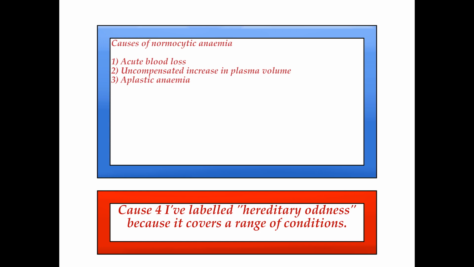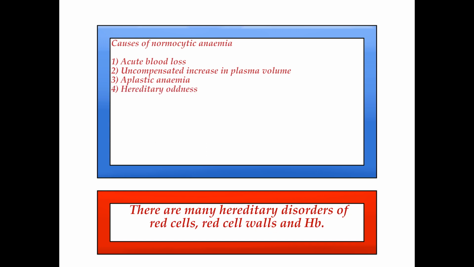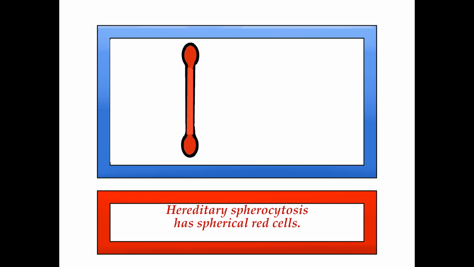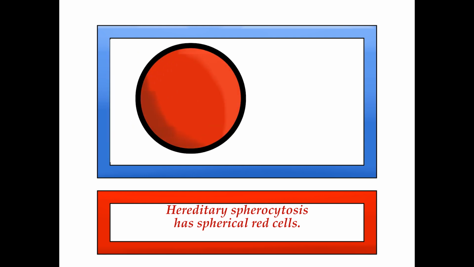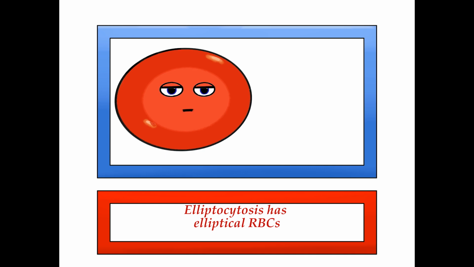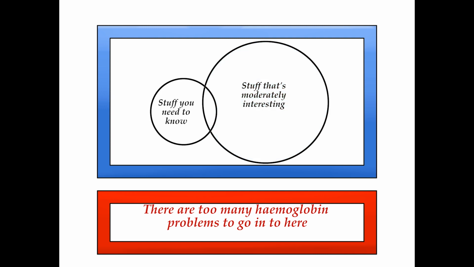Cause 4, I've labelled hereditary oddness, because there are a number of hereditary conditions that affect either the red cells, red cell walls, or haemoglobin, that can lead to a normocytic anemia. So examples would include hereditary spherocytosis, where instead of a biconcave disc, the cells are spherical, elliptocytosis, where the red cells are elliptical rather than round, and there's various haemoglobinopathies that I'm not going to go into massively.